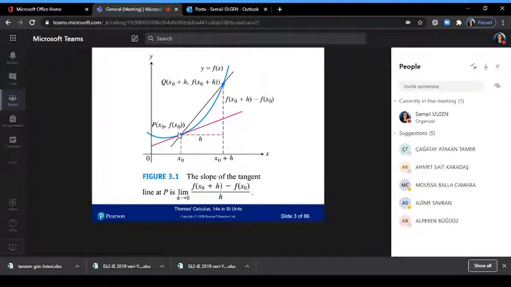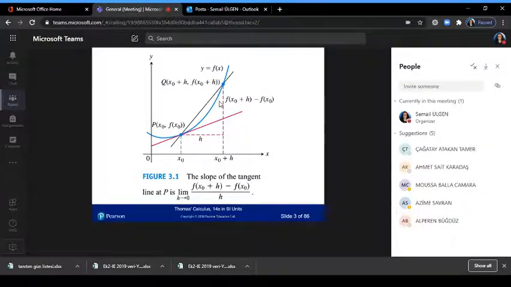Now, how would you find the slope of the secant line? You would just take the difference between the y values, which is f of x0 plus h minus f of x0, over the difference between the x coordinates of these points. So x0 plus h minus x0, the x0s cancel, we have h. So this thing that you're seeing is the slope of the secant line.